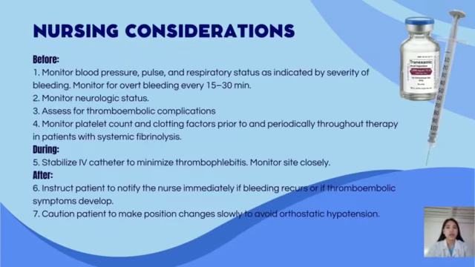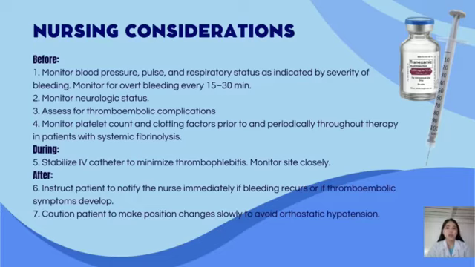For the nursing considerations, we should monitor blood pressure and other vital signs and monitor overt bleeding every 15 to 30 minutes. We should also monitor the neurologic status of the patient, assess for thromboembolic complications, and monitor the platelet count and clotting factors, since the patient is bleeding, prior to and periodically throughout therapy in patients with systemic fibrinolysis.